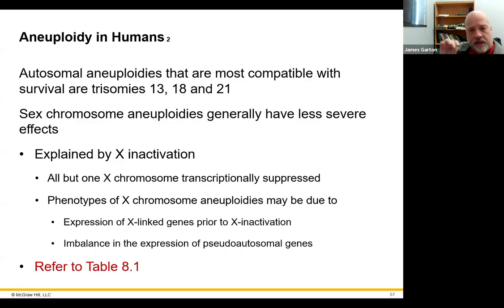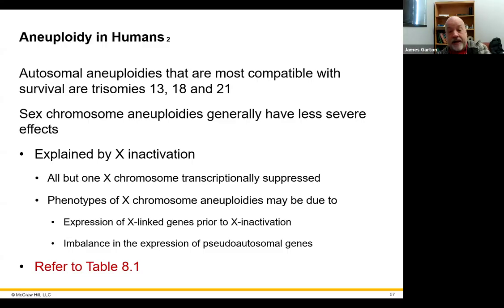Other survivable aneuploidies are trisomy 13 and 18, much more rare and much less survivable. Aneuploidies of the sex chromosomes have a much smaller deviation from normal phenotype.